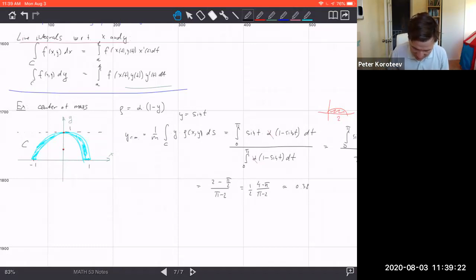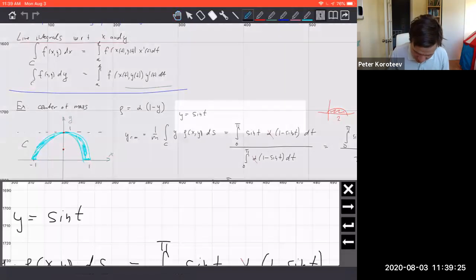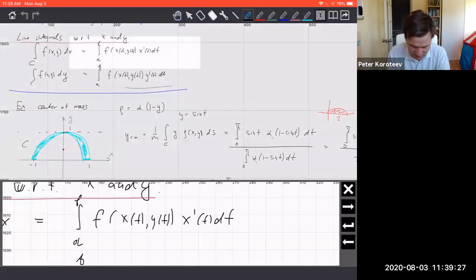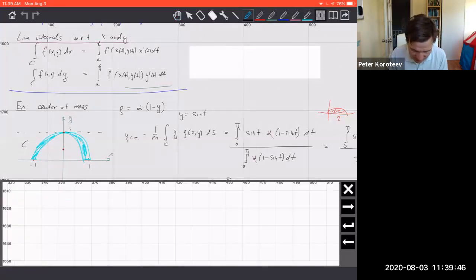We literally define it as this integral, as if we were just multiplying the value of the function times the derivative of x only. In a sense, we're only looking at how things change in the x direction or in the y direction. And then we can combine them together.